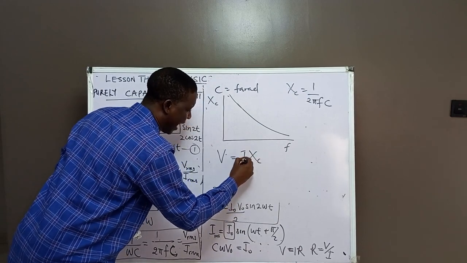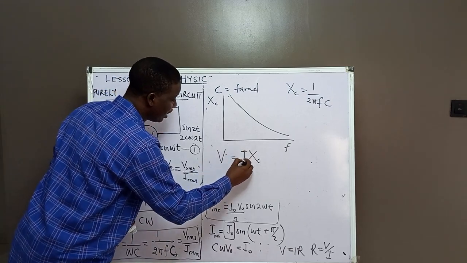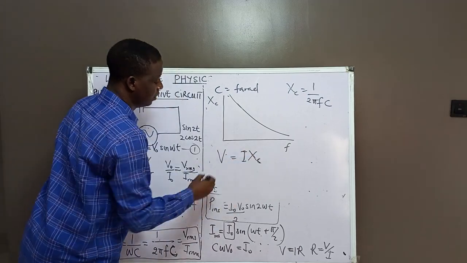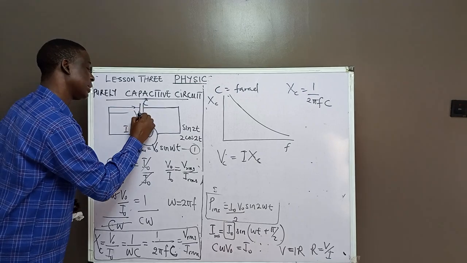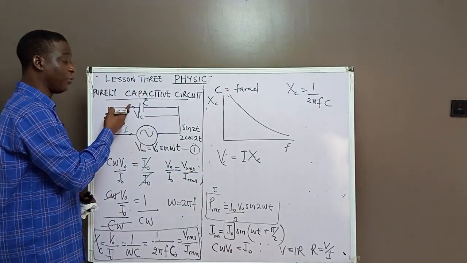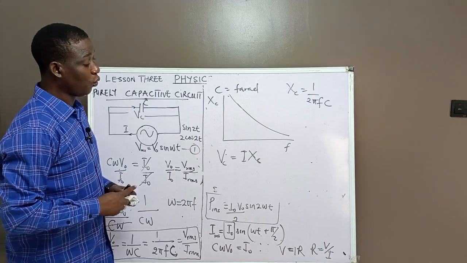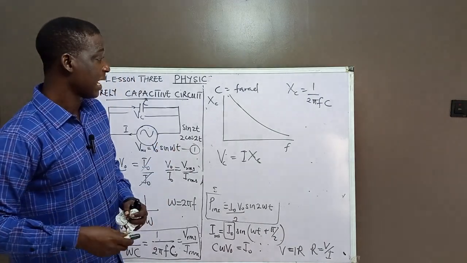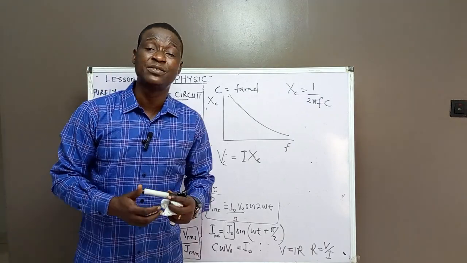But in this case, we use XC. The voltage across the capacitor is equal to the current supplied times the reactance across the capacitor. So with this understanding, I don't think you should have a problem with this capacitive circuit.